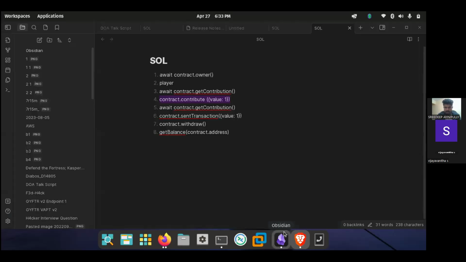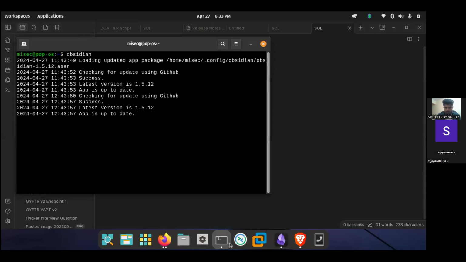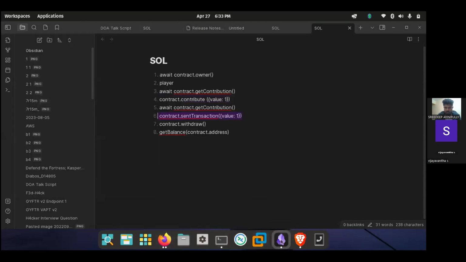When I transact this, contribution, this is the code. Again we are going to send one more.